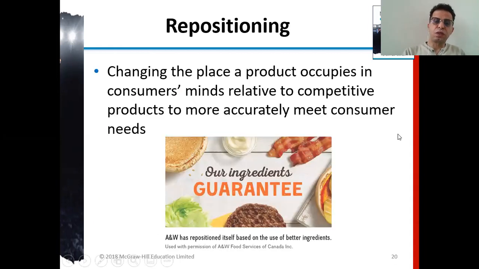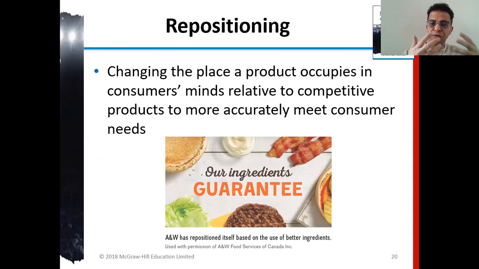If you notice here, an example with repositioning, sometimes you need to do repositioning because you never know. If you're not succeeding, you need to reposition your product. That means changing the place a product occupies in the consumer market relative to a competitive product to more accurately meet the consumer's needs. You cannot position a Mercedes as a low-end product.